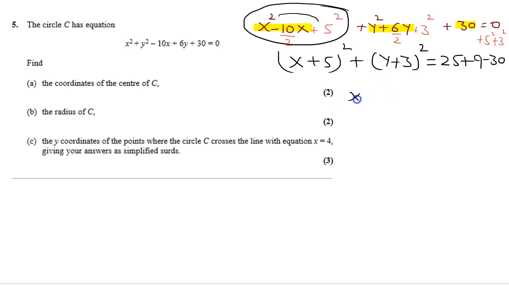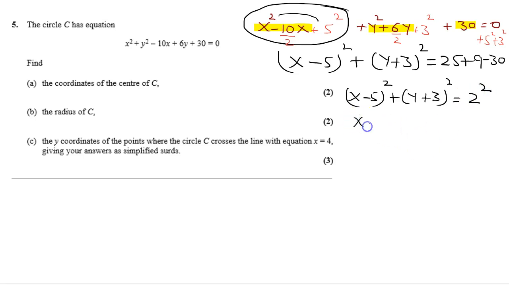So this equation is x minus 5 square plus y plus 3 square, this is minus, because this is a minus, so you are going to use minus. This is 34 minus 30, so this is 4. 4 can be written as 2 square.